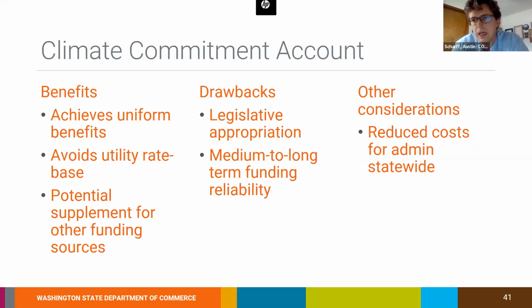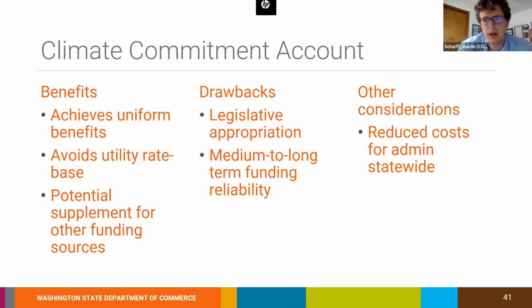So focusing solely on the climate commitment account, which is that sub-account in the Climate Commitment Act in the state general fund, what would be some of the benefits, drawbacks, and other considerations? These are a few of the things that came to mind for us as we thought about this. It's not all of these things, as we've established in our other discussions. So this funding source could achieve a uniform benefit level across the state.